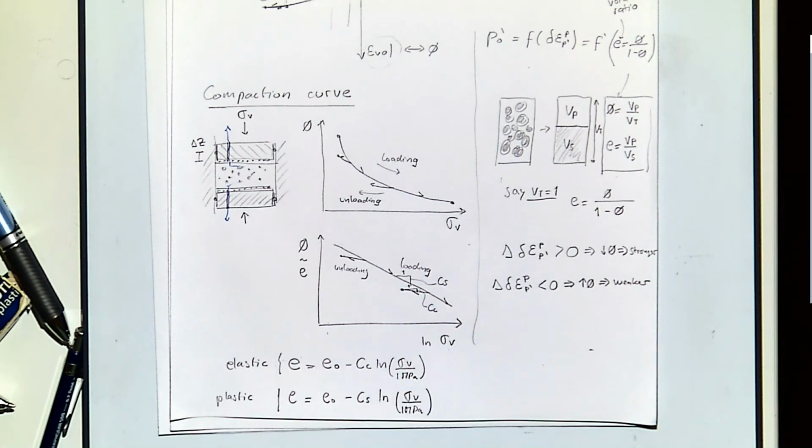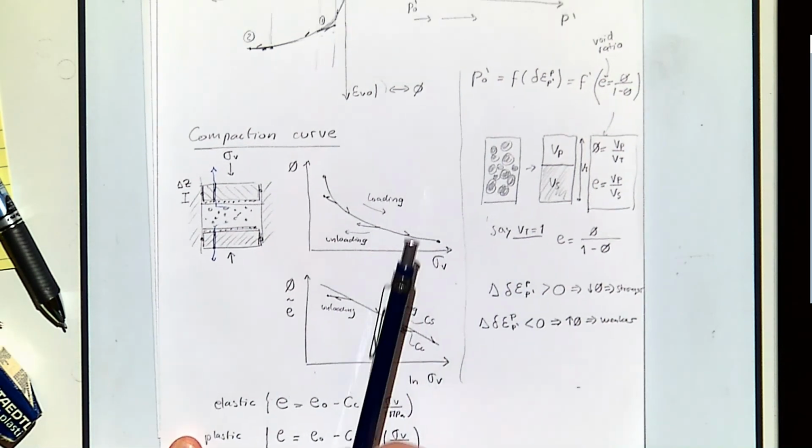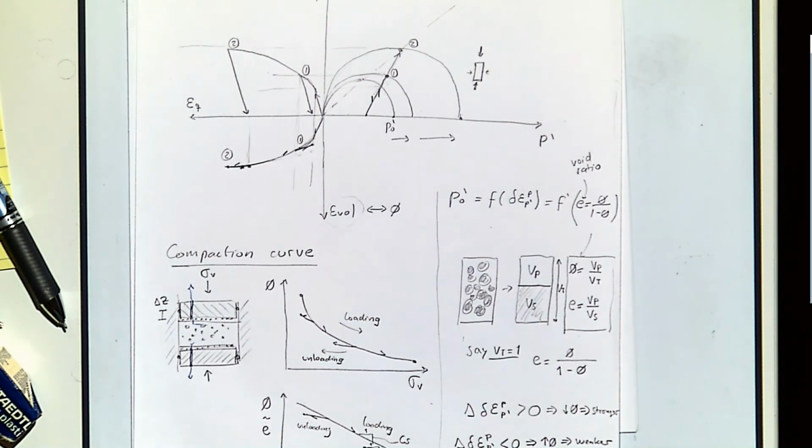Let's see what we're doing with time. I think we can leave some of this for Wednesday, but I'd like to finish this compaction curve, how to put it together with this. Okay.